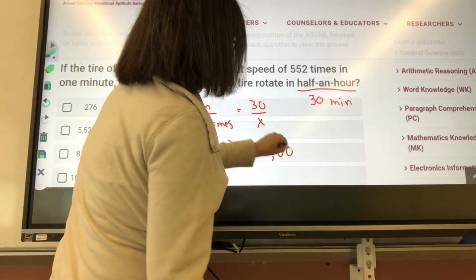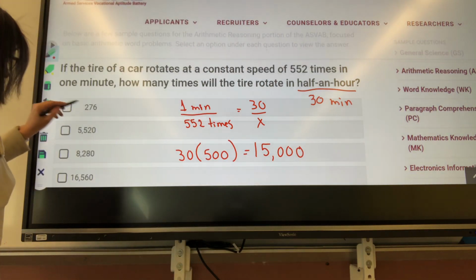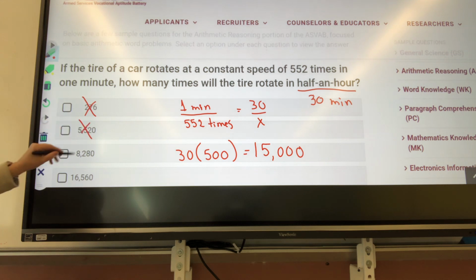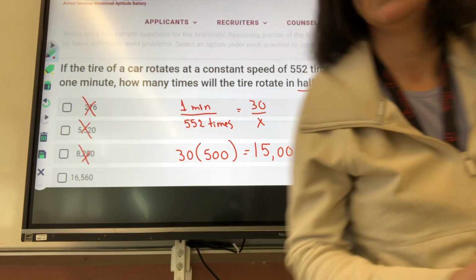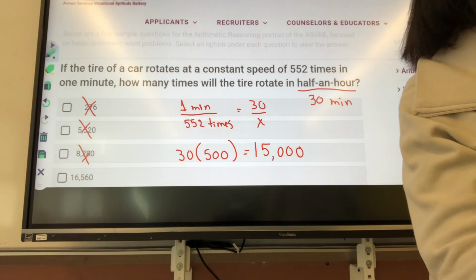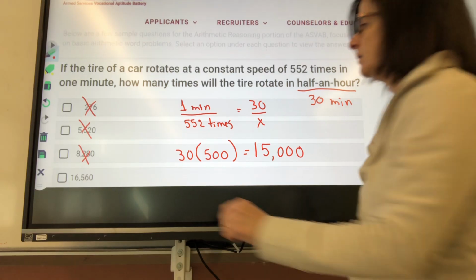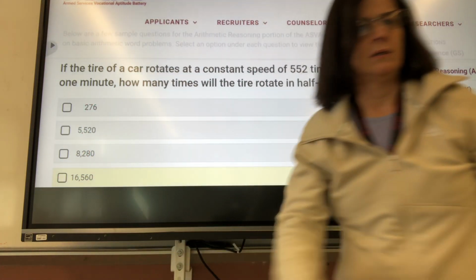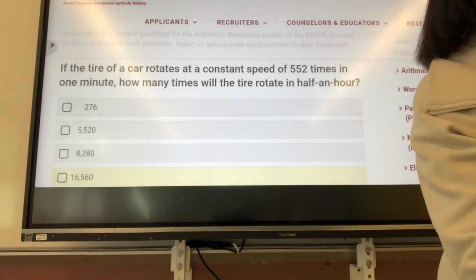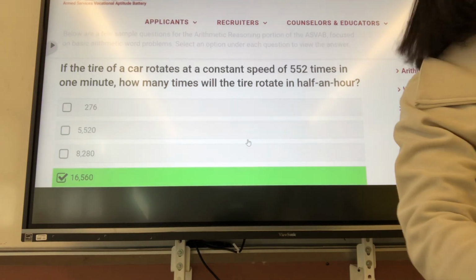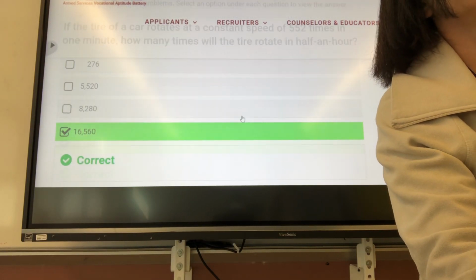So I can clearly see that it's not going to be this, it's going to have to be the 16,560. Keep in mind this test is non-calculator, and you do have limited time, so it might be a good idea to try to be efficient.